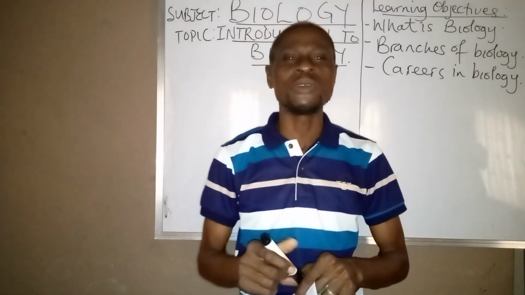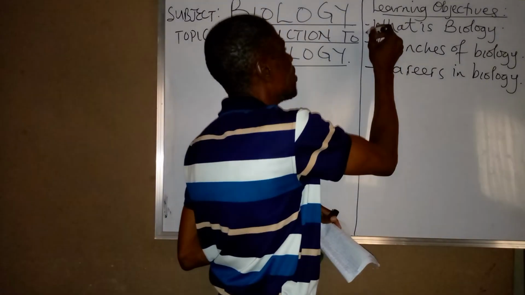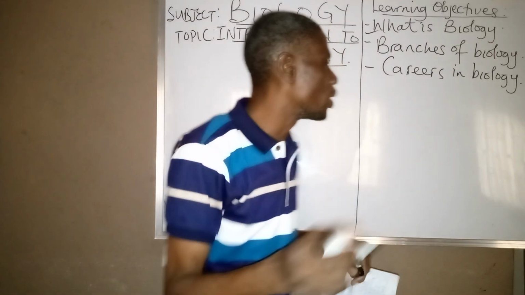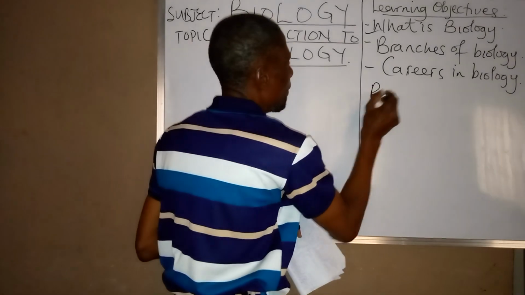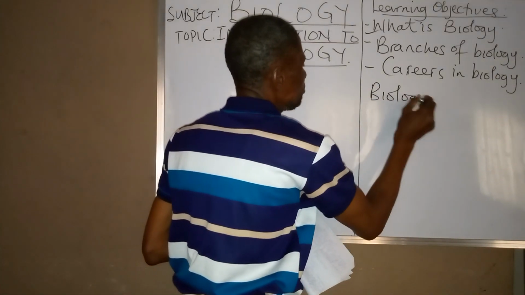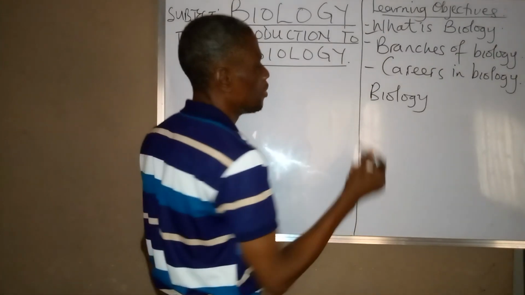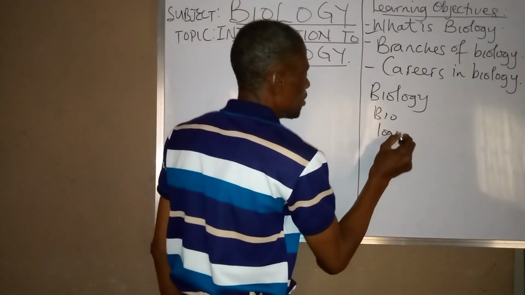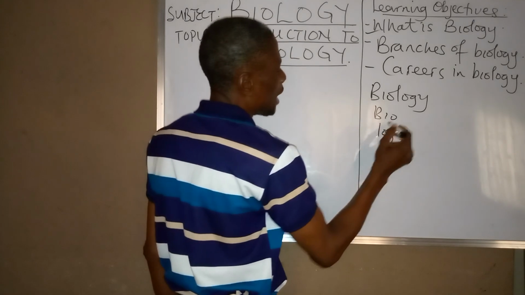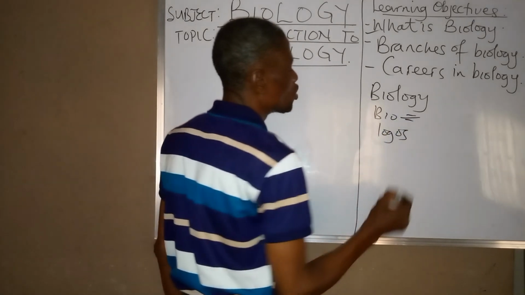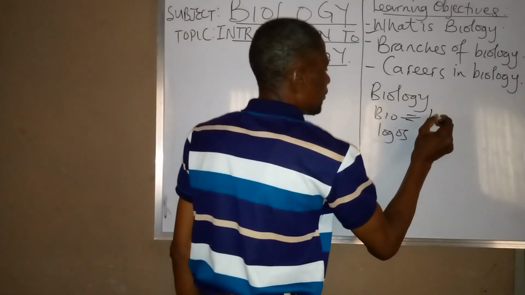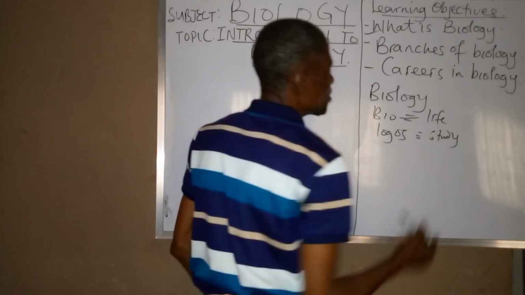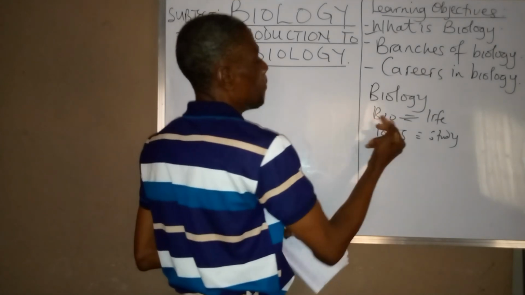Now let's take our first learning objective, which I call what is biology. From the word biology, we can coin the word bio and then logos. Bio has to do with what?